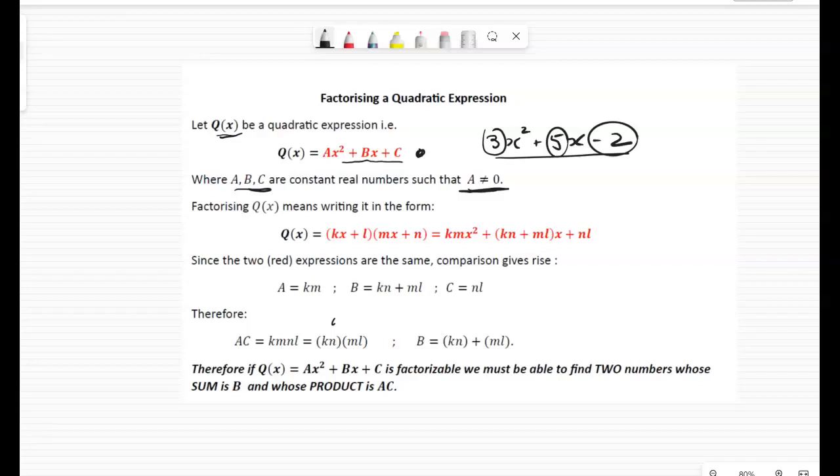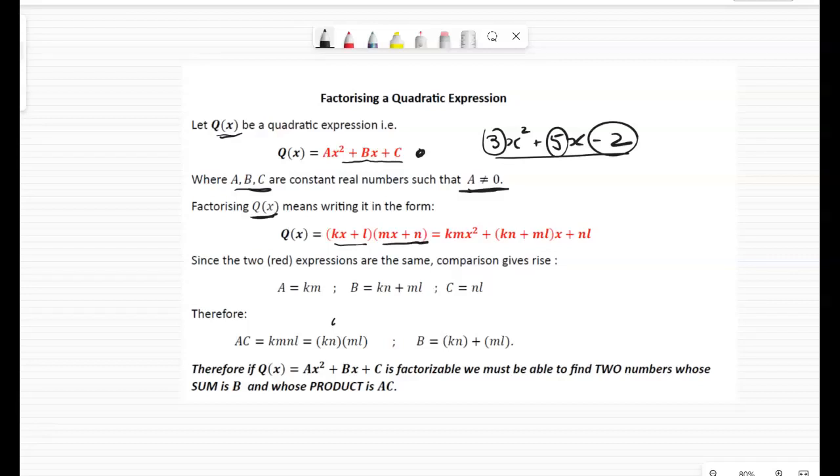Now, factorizing q(x) means being able to write q(x) as a product of two linear factors, one kx plus l, the other mx plus n.